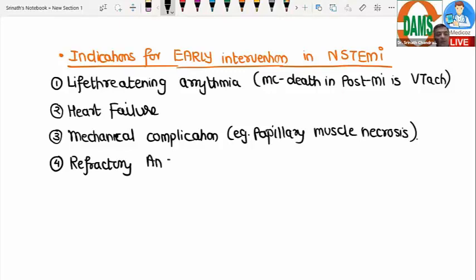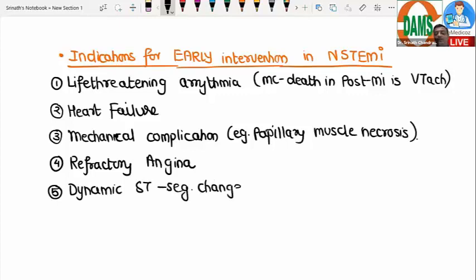Very good. The patient is having refractory angina, or the patient is having dynamic ST segment changes. Then you go for early intervention.